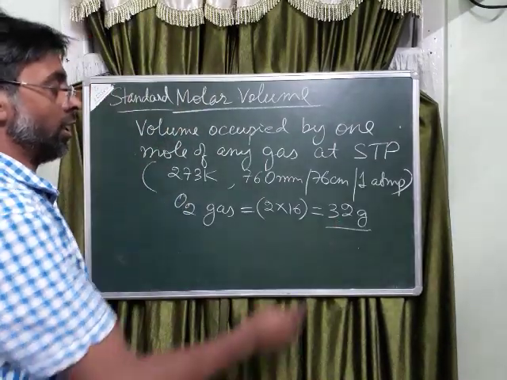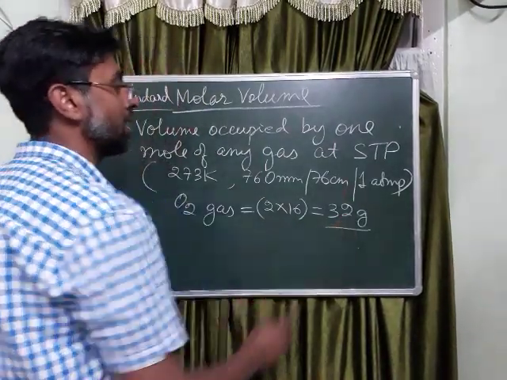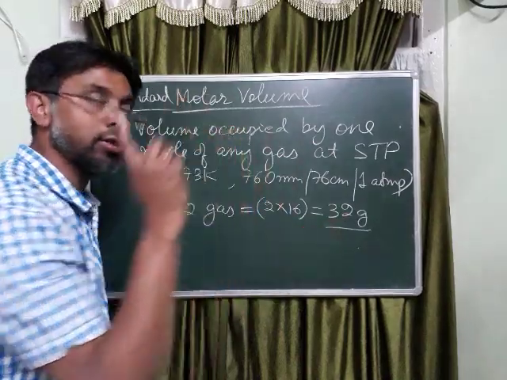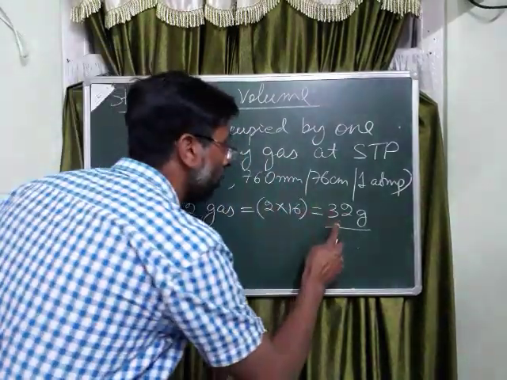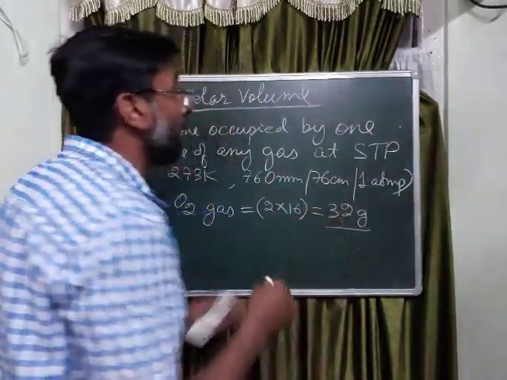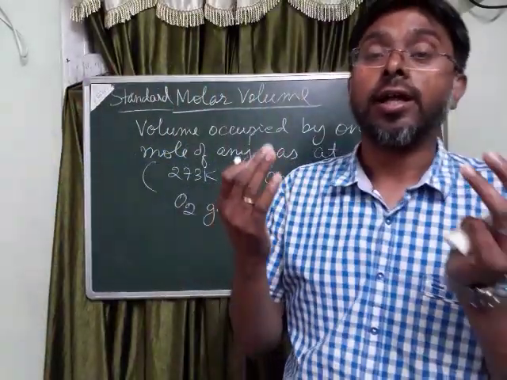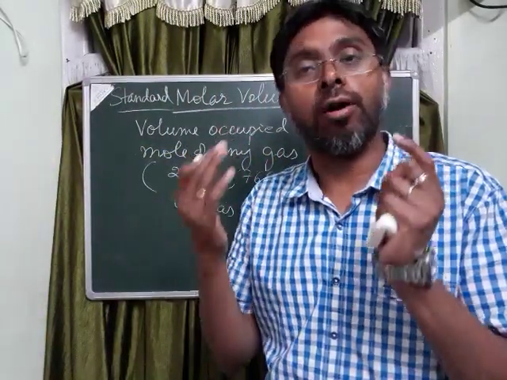So now 32 grams of oxygen gas means 1 mole of oxygen. Now 1 mole of oxygen, which is 32 grams, occupies what volume? And that is a constant for all the gases.